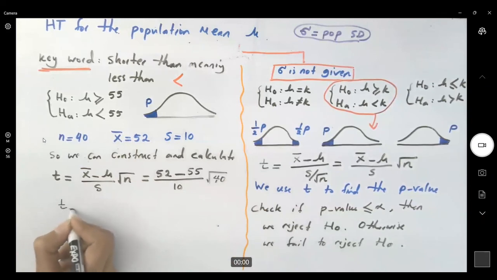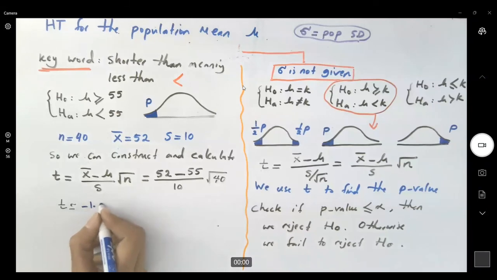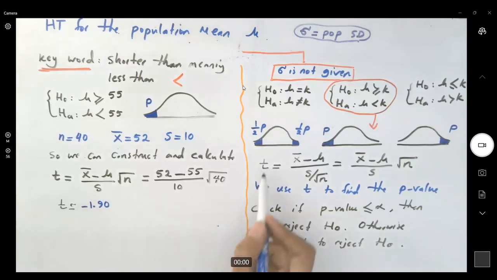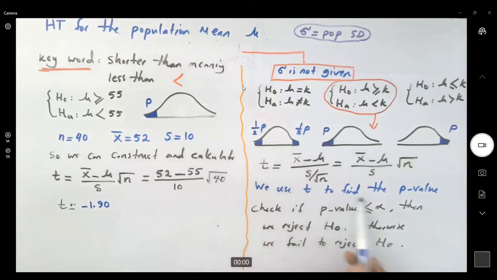What is T approximately? So it says T is approximately negative 1.90. Okay. We said, hey, we calculated T because we can use T to find our p-value.